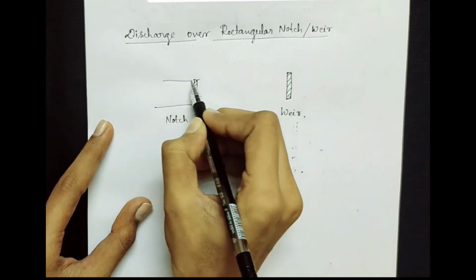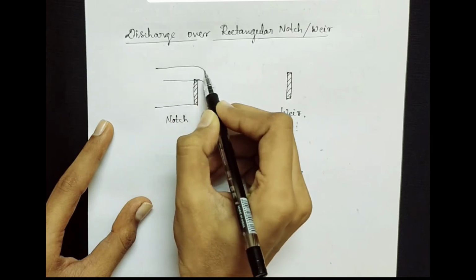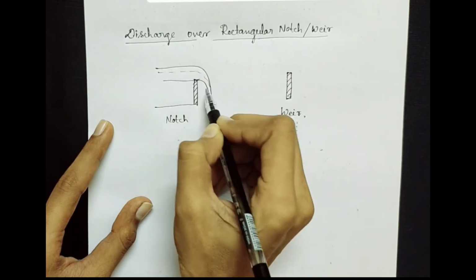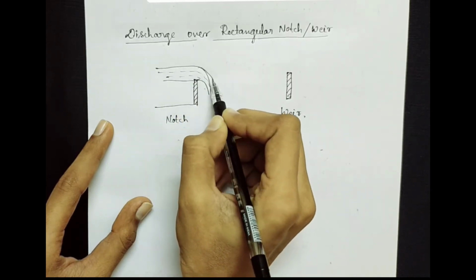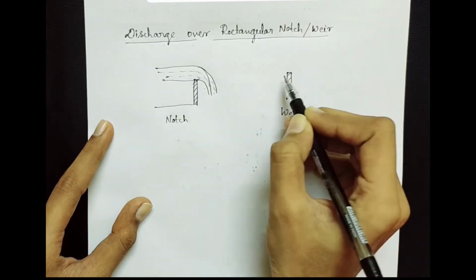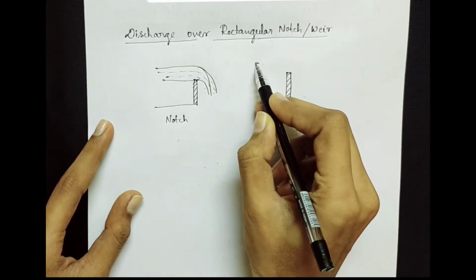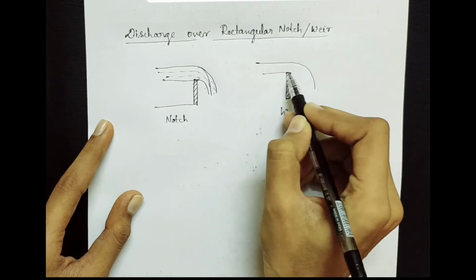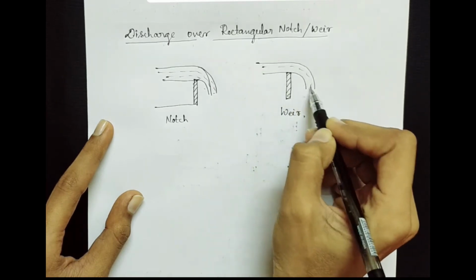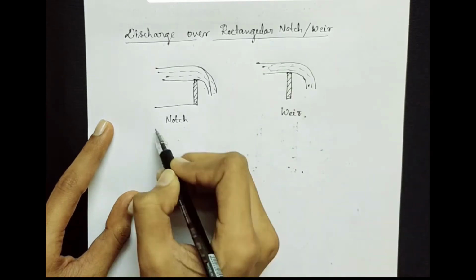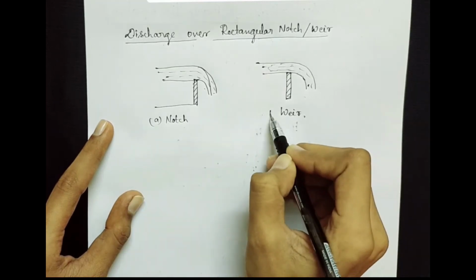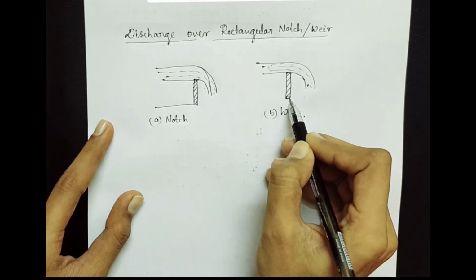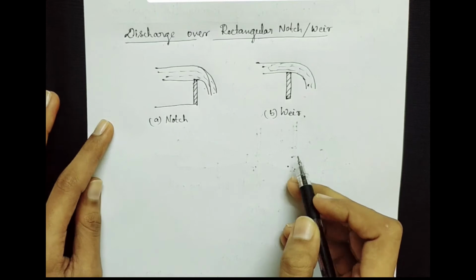And water will be flowing over the notch or weir. The first figure is a rectangular notch and the second figure is a rectangular weir.